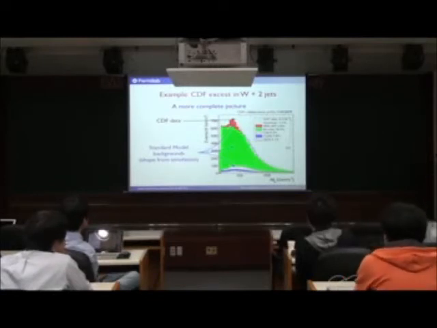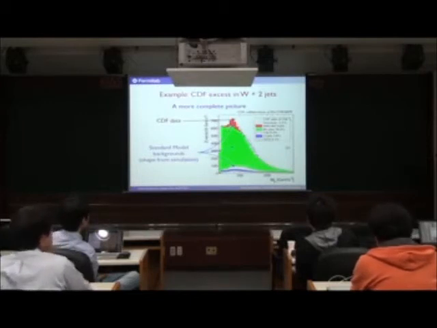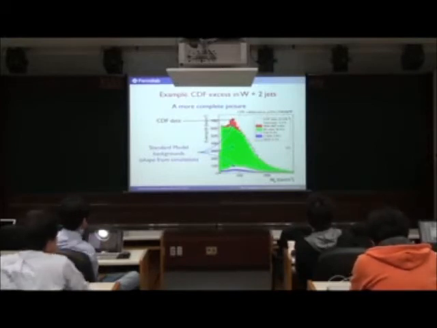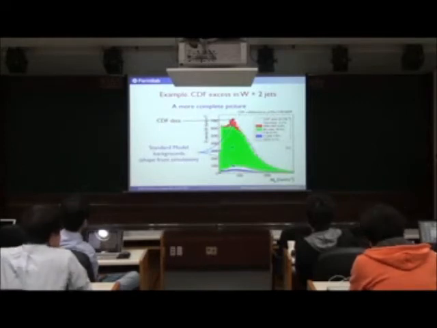W plus jets is an extremely important channel that we will see a lot more of in the next few days. I believe both me and Gregory will talk a lot about W plus jets. If we get the shape of the W plus jets background wrong, or the shape of the top background wrong, then we can easily account for this excess.